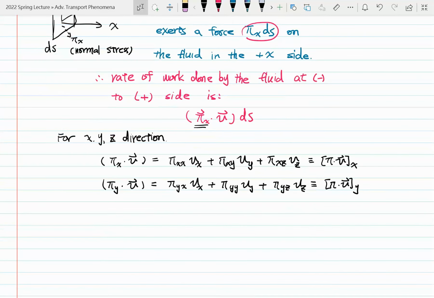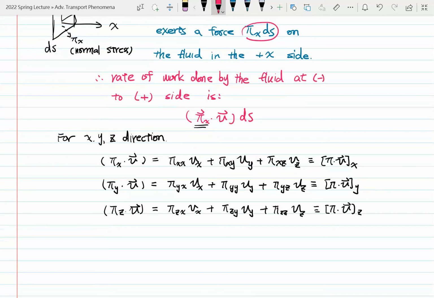And finally we have pi z dot v equals pi zx vx plus pi zy vy plus pi zz vz, and defined as pi dot v sub z.